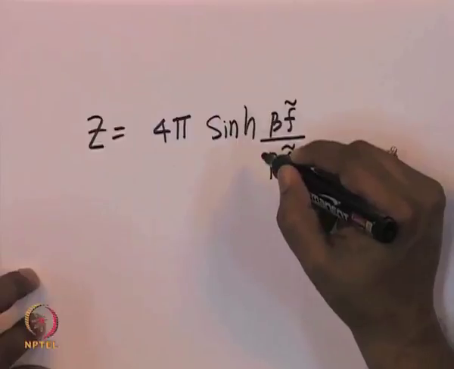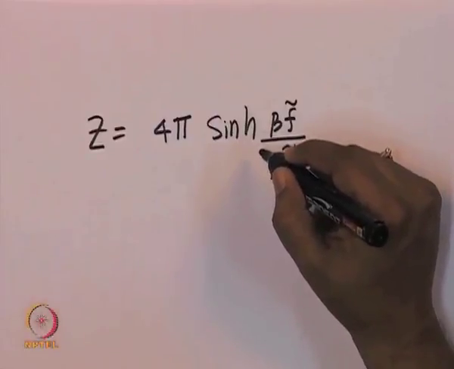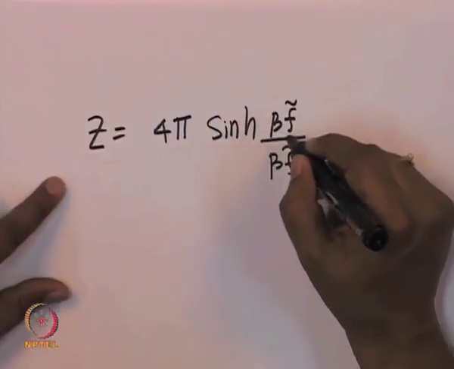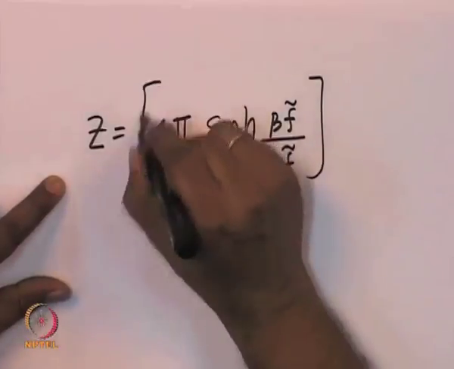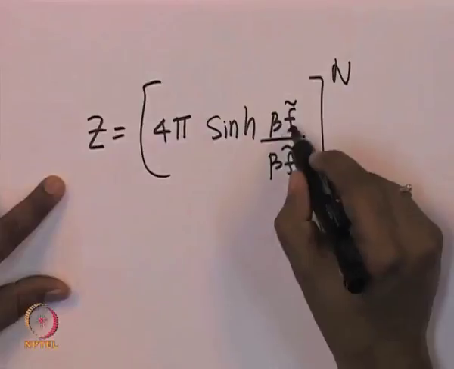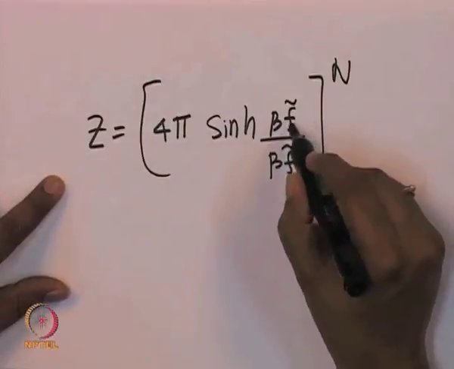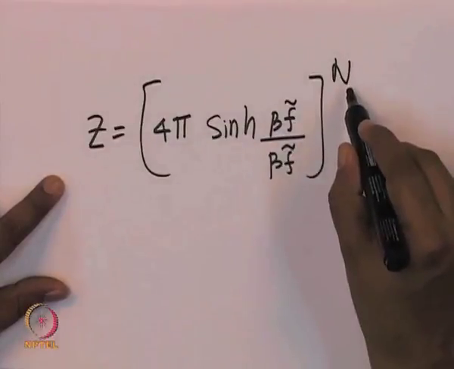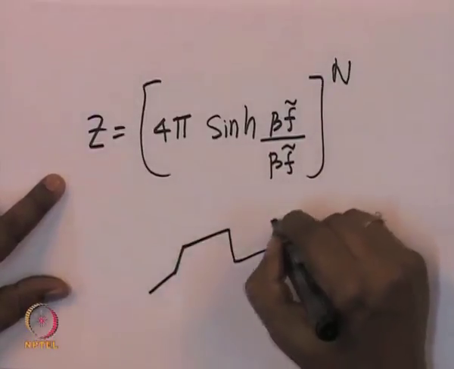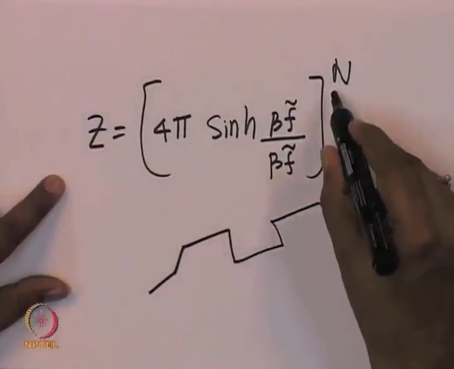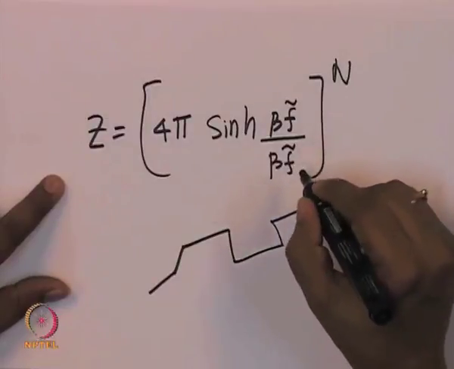It will turn out to be a similar answer, basically sinh(beta f) by beta f, whole power N. So, it depends on the force you apply, and it depends on the number of monomers you have in the DNA. N is the length of the chain.